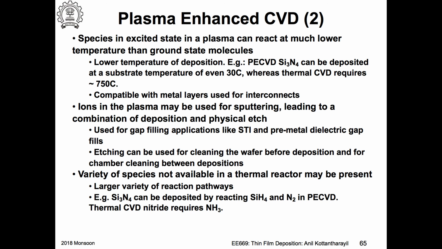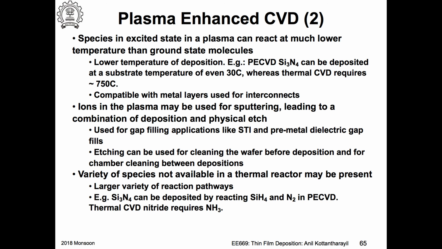Now the other thing is that a variety of species not available in a thermal reactor may be present. An example is again silicon nitride deposition. If you are using thermal CVD, you will have silane, one typical example, or some chlorosilane, and ammonia. I can't use just silane and nitrogen because that nitrogen will not react at that temperature.